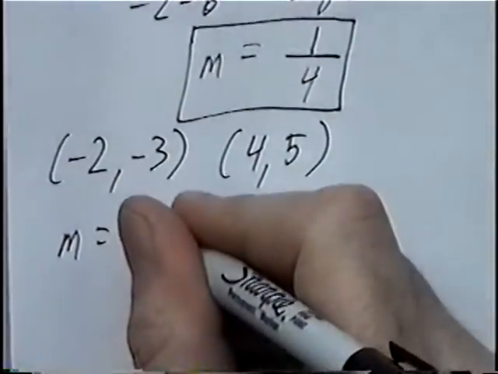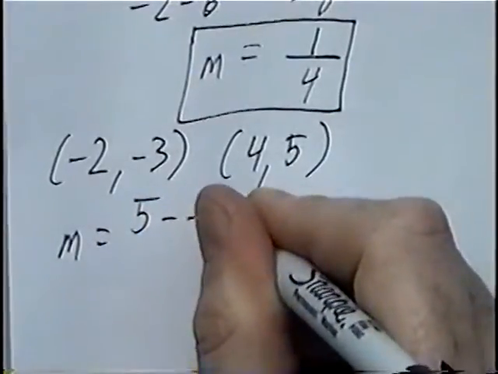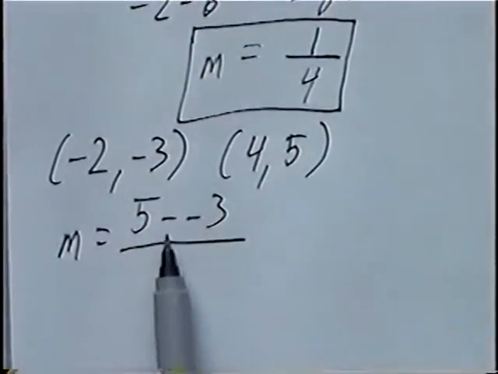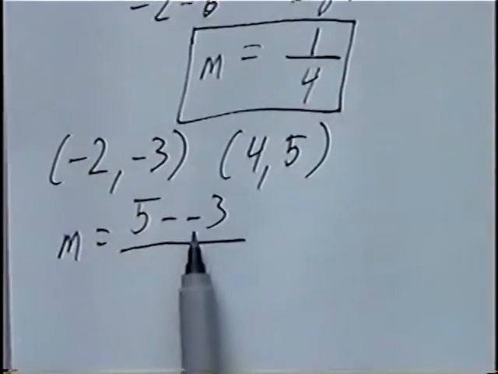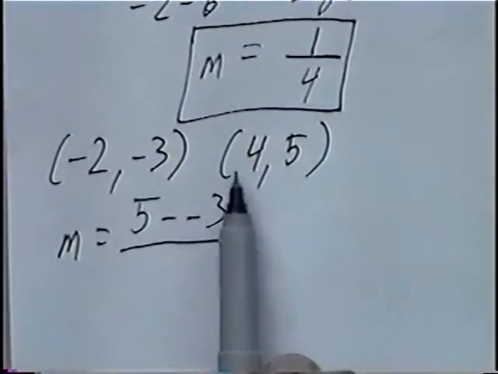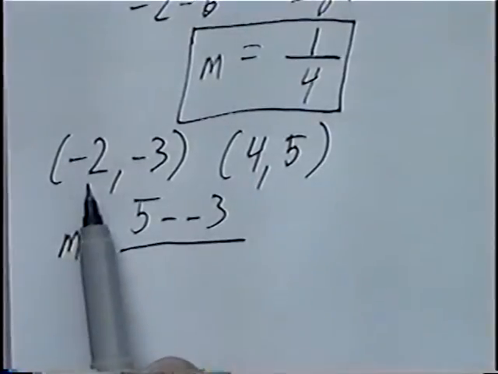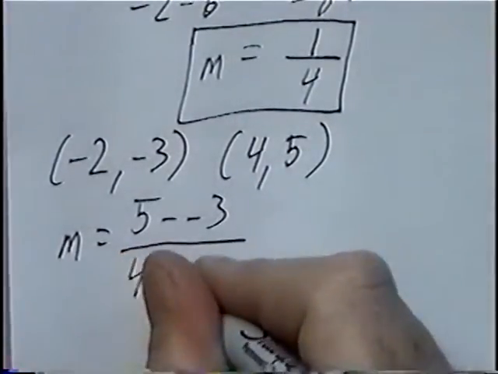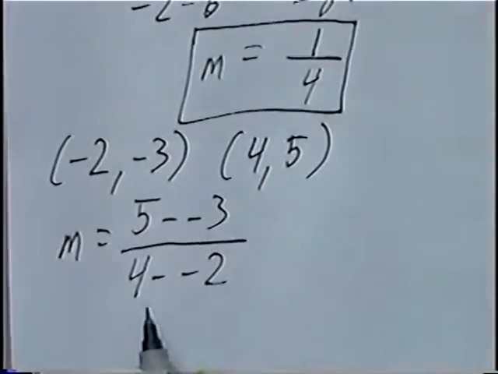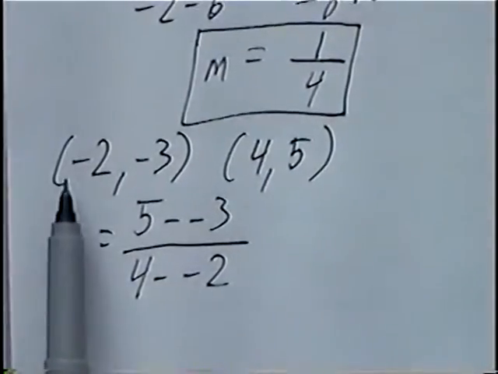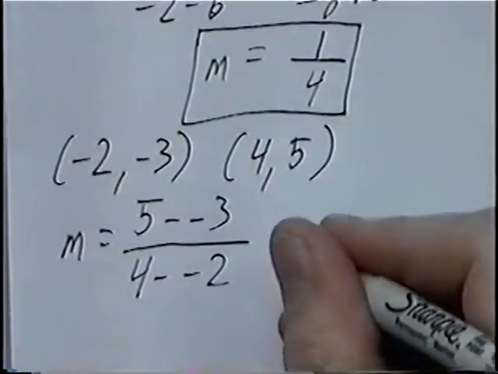So 5 minus a negative 3. There's a minus sign from the equation and also a minus from the negative 3. The denominator will subtract the 2 x values, 4 minus a negative 2. And again, there's a minus sign from the equation and a minus sign from the negative 2.